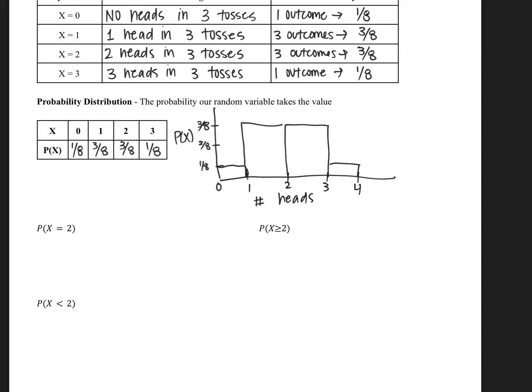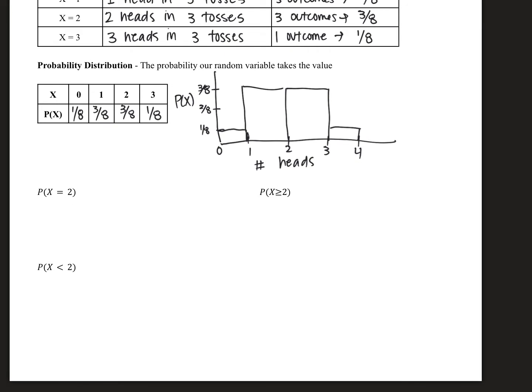So what we can do is use this to find probability. So the probability that X equals 2, which is exact, that 2 of the tosses come out heads, is 3/8. We can also look at inequalities. So the next one says the probability X is greater than or equal to 2. So that means you take the probability that X equals 2 and you add the probability that X equals 3.